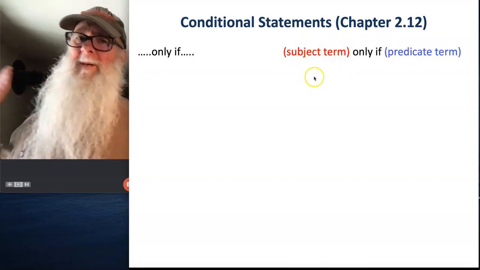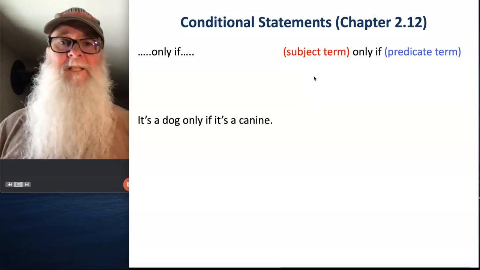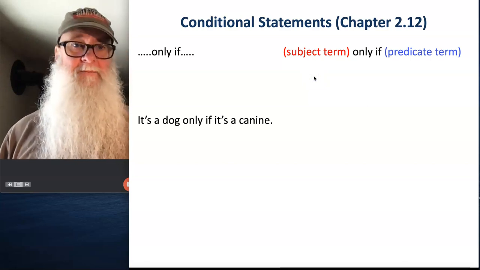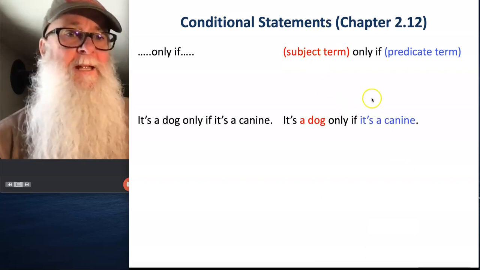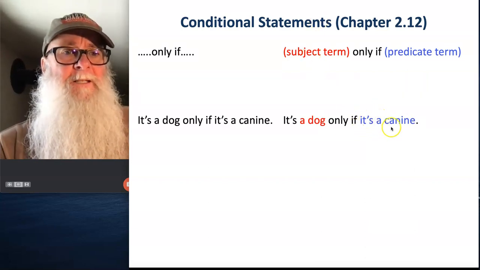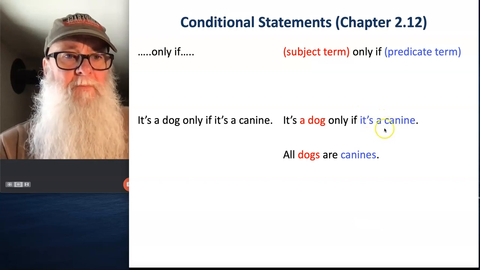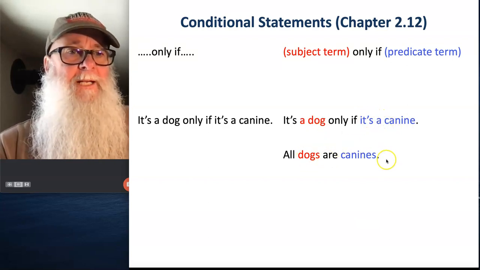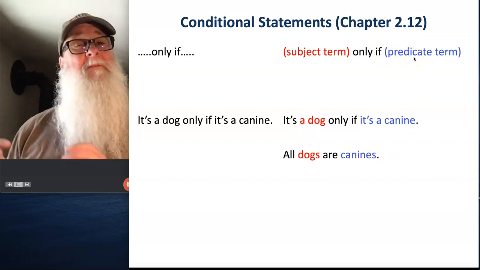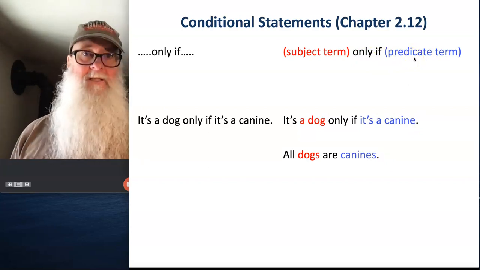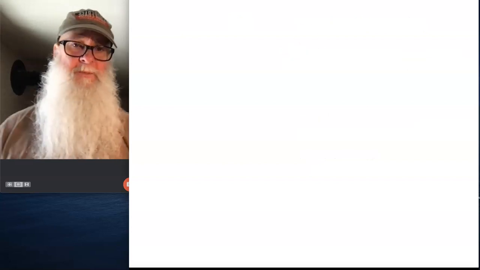We'll talk much more about this later on in the course. Okay, it's a dog only if it's a canine. Okay, we're going to remember that. It's a dog only if it's a canine. Canine is my predicate term. And so all dogs are canines, okay? So whatever follows only if is the predicate term, but whatever follows if is the subject term of our conditional statements when we translate them.